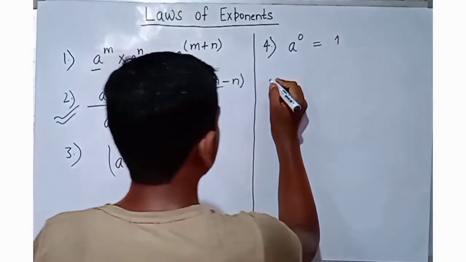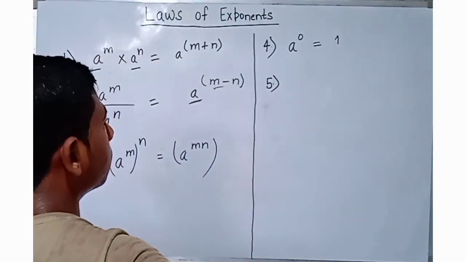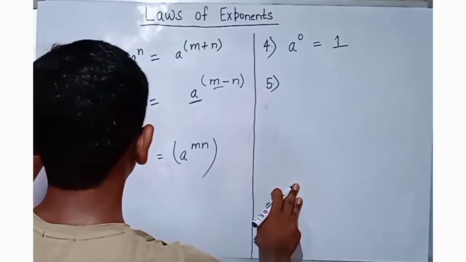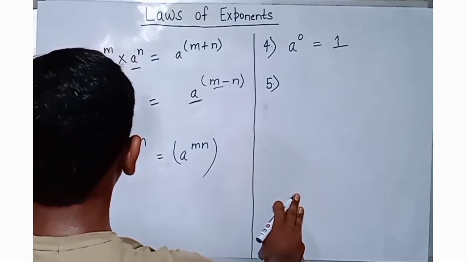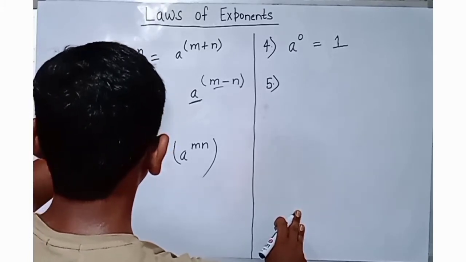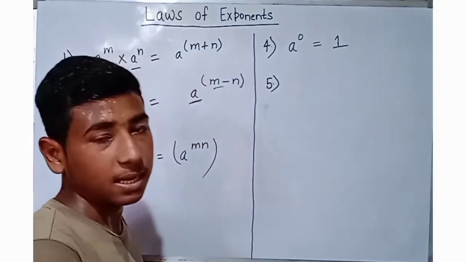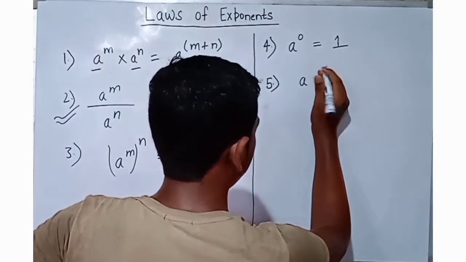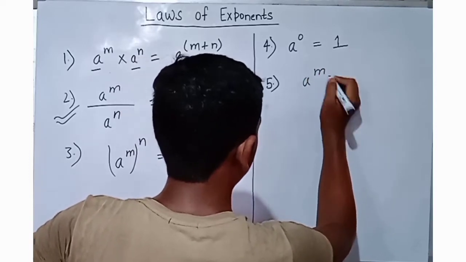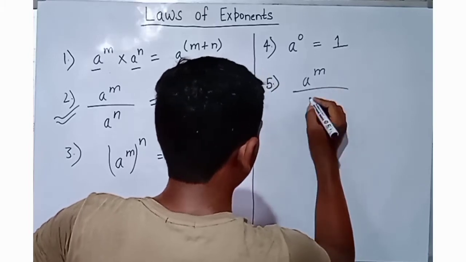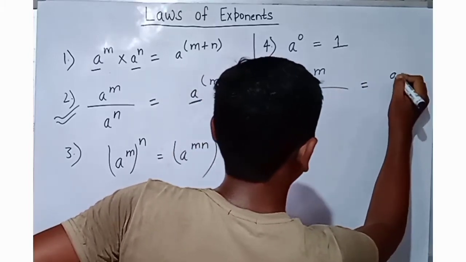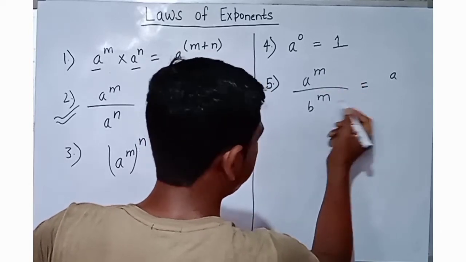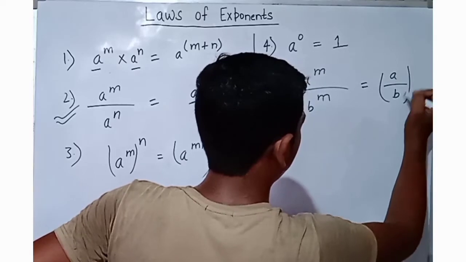Now the fifth is, wait a minute. In the previous class I have already told you that there is also a law, a to the power m by b to the power m, so it will be a by b whole to the power m.